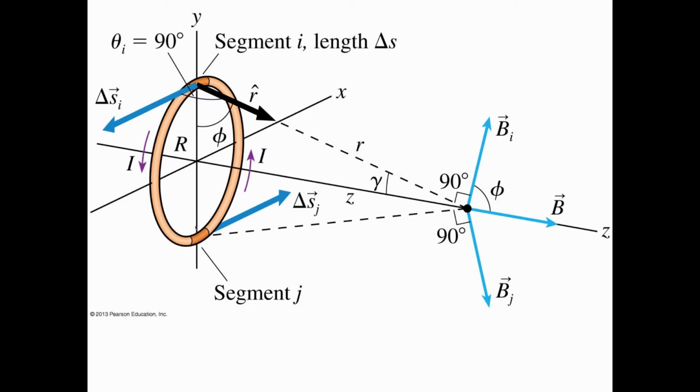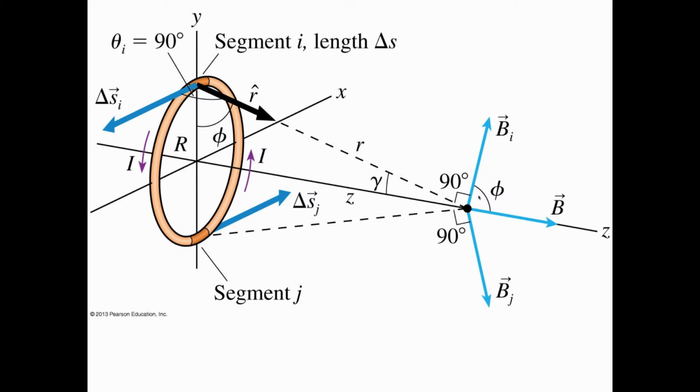For each one of these positions, so for segment I up here, there is an R hat vector with unit length, so with length 1, that points in the direction towards point Z, where we're evaluating this magnetic field. So if you use your right-hand rule, you can see that based on the current in the top of the loop here, the magnetic field would be pointing in this direction.